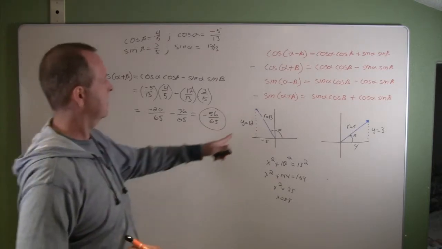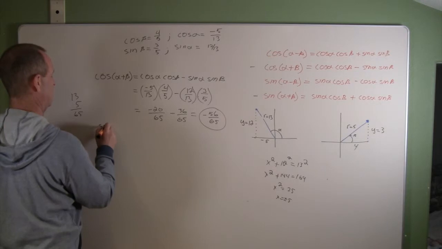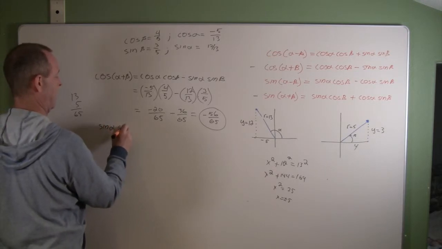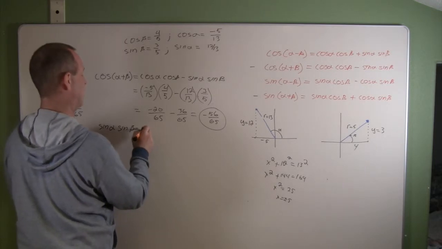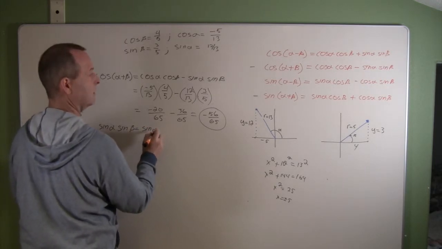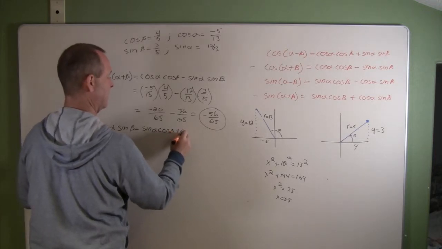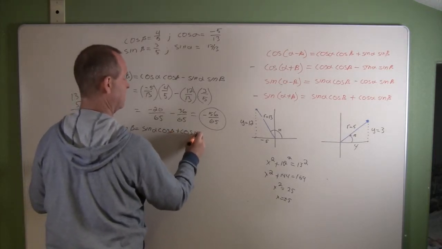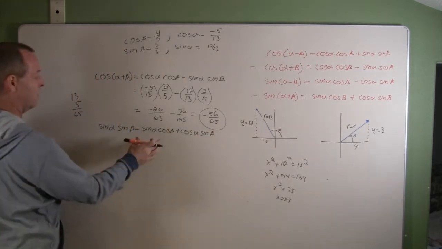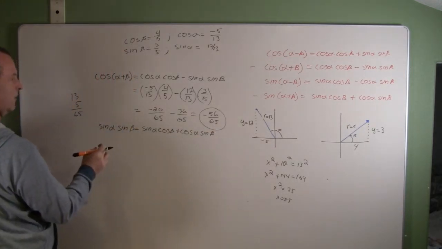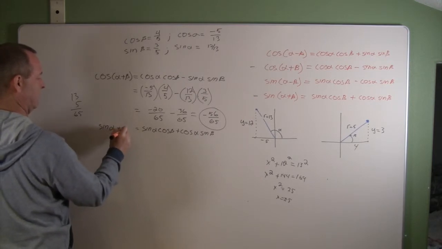Now let's look at the sine of alpha plus beta. The sine of alpha plus beta equals the sine of alpha, cosine of beta, plus cosine of alpha, sine of beta. Sorry, I should have written it like this.